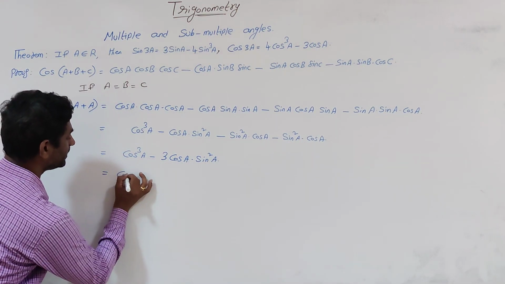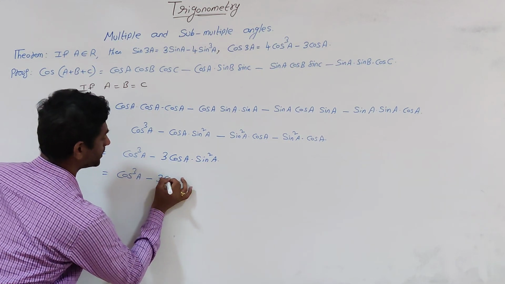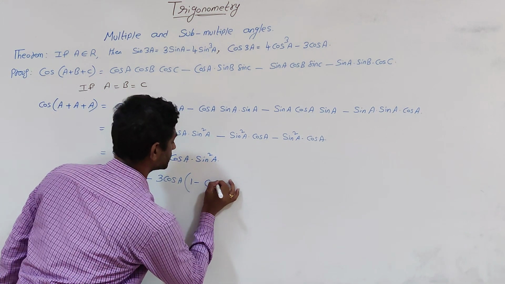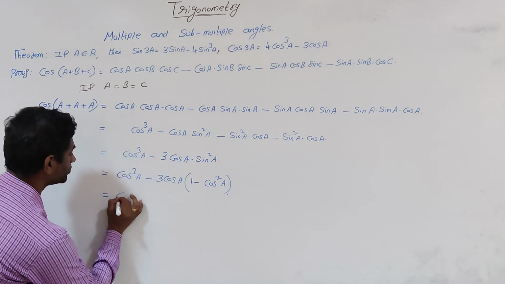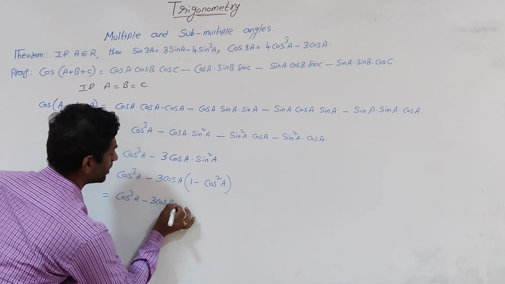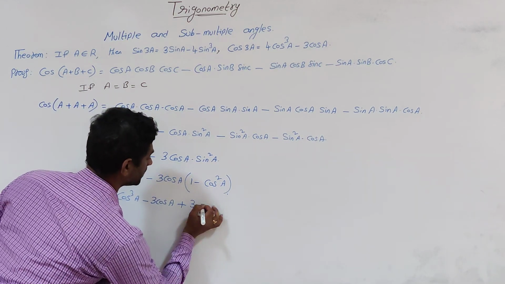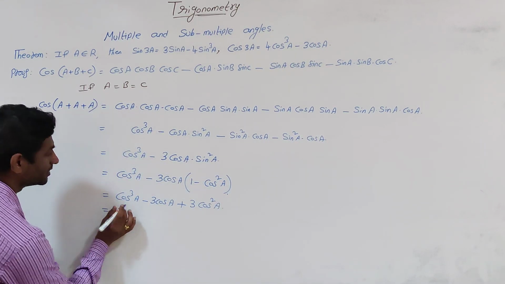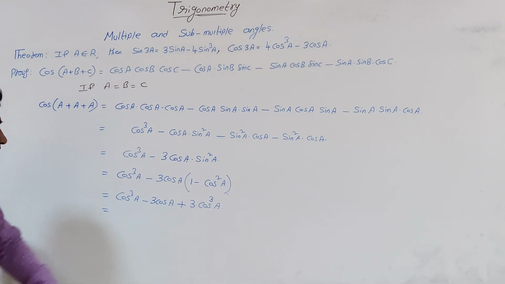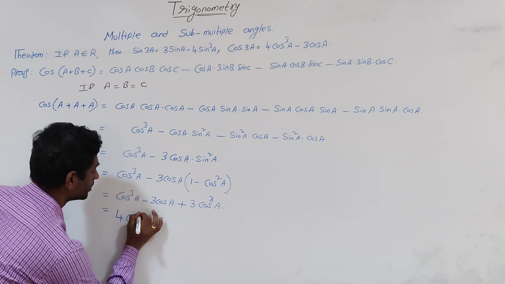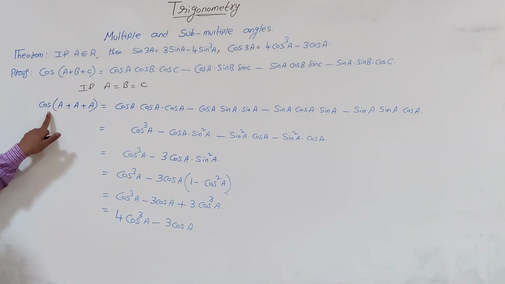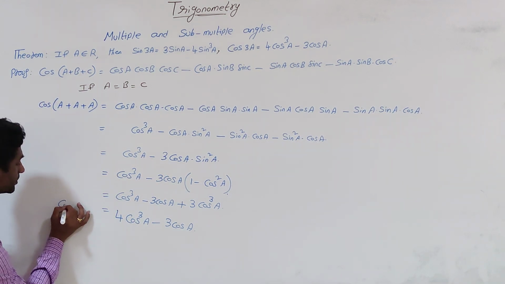Again from the identities, cos cube A minus 3 cos A, from the identity we can have sin square A as 1 minus cos square A. So that gives cos cube A minus 3 cos A into 1 is minus 3 cos A, minus into minus becomes plus, and this will be 3 cos cube A. Now these two are like terms, we can add, it will be 4 cos cube A minus 3 cos A. That is the proof of cos of A plus A plus A, which means cos 3A.